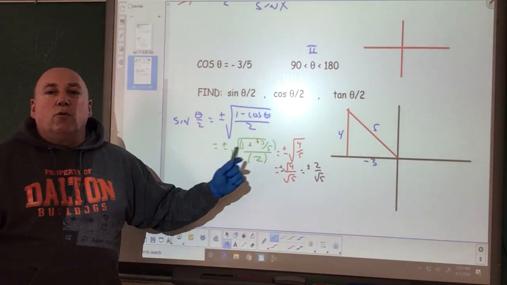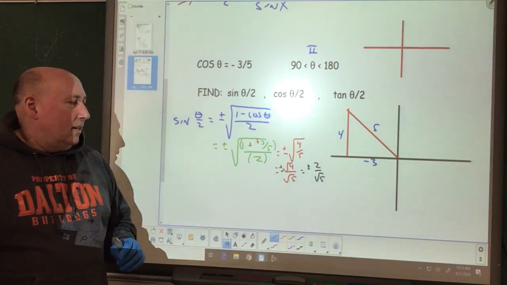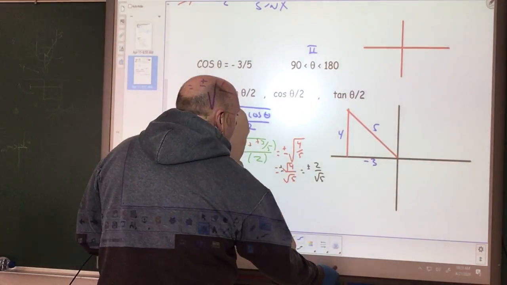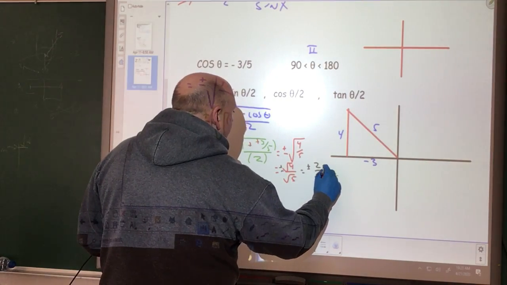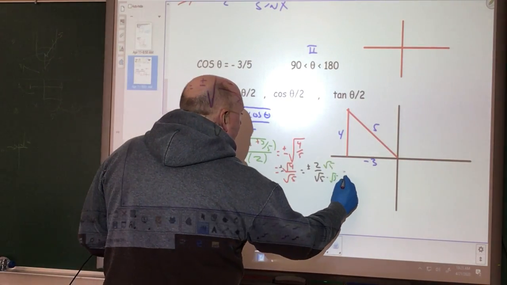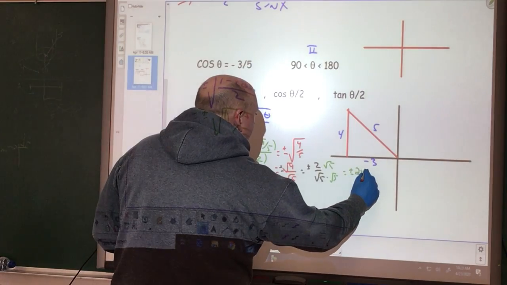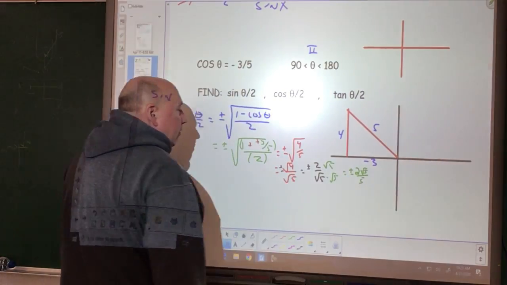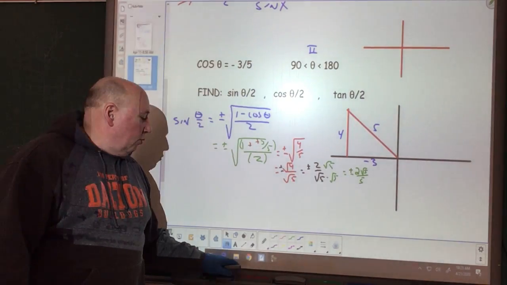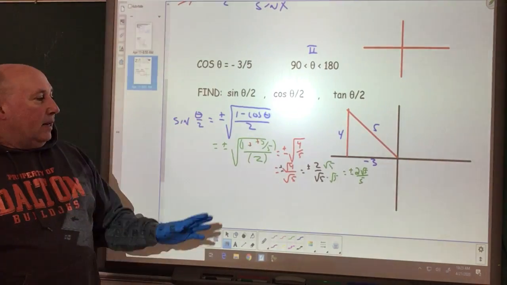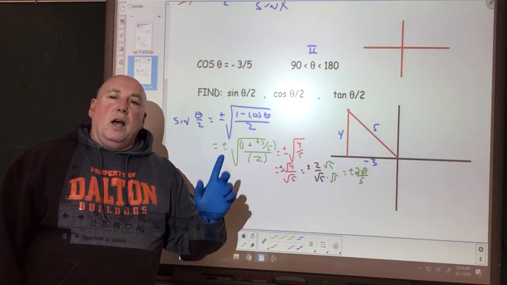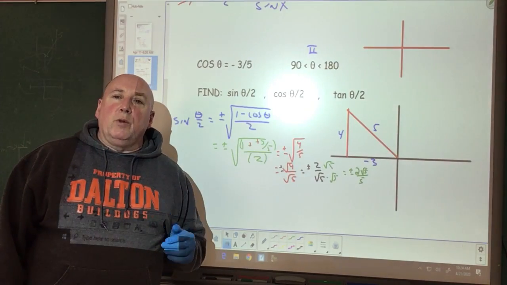But then we have to rationalize this by multiplying top and bottom by square root of 5. So we have plus or minus 2 square root of 5 over 5. Once again, please do rationalize these. Now the question is, I have a plus and I have a minus. Which one do I utilize?